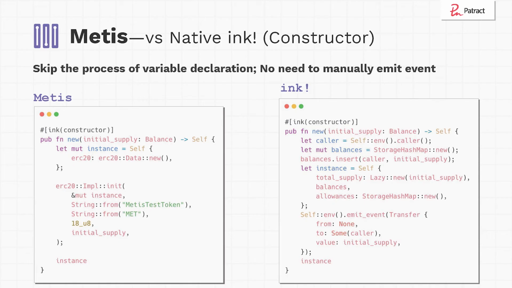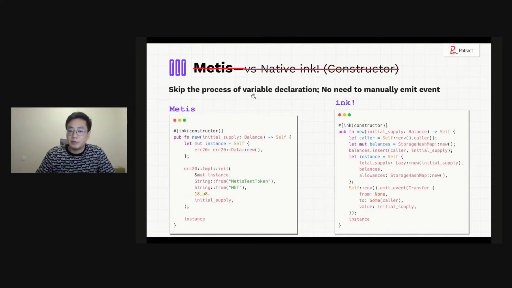This slide shows how Metis differs from native Ink on the constructor side. It skips the process of variable declarations. You no longer need to manually emit events. Oftentimes you probably forget about emitting events in the functions. Metis does that for you.